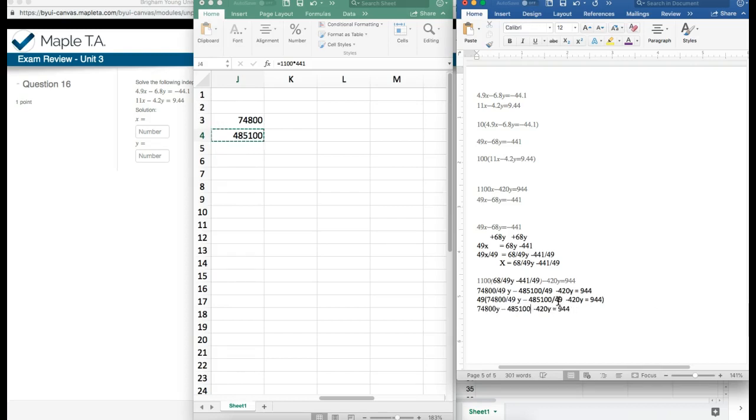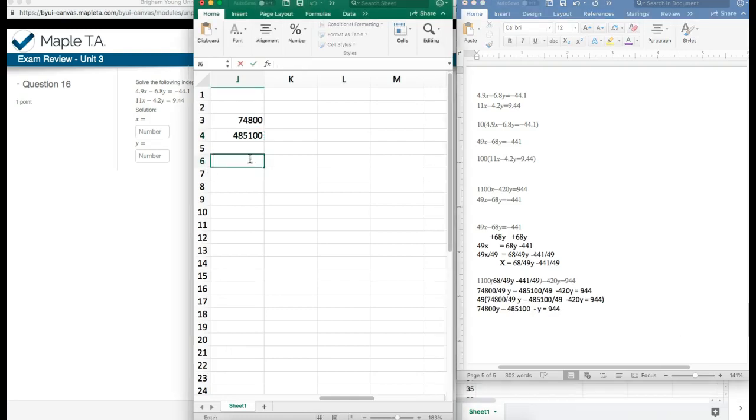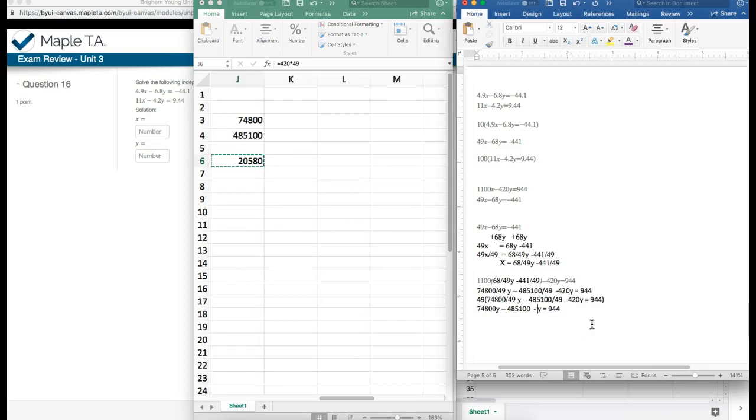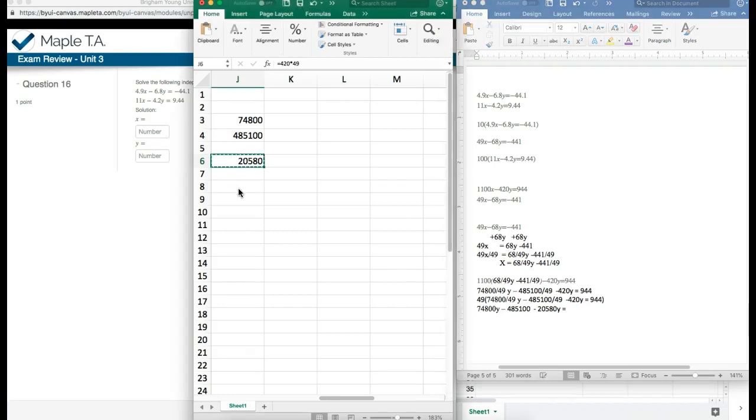But multiplying it into the 420 does not get rid of anything, so we just need to do 420 times 49 equals 420 times 49, and that gives me, I'm just going to copy and paste again, 20,580 times y, or 80y, and then again multiplying 49 to 944 equals 944 times 49.